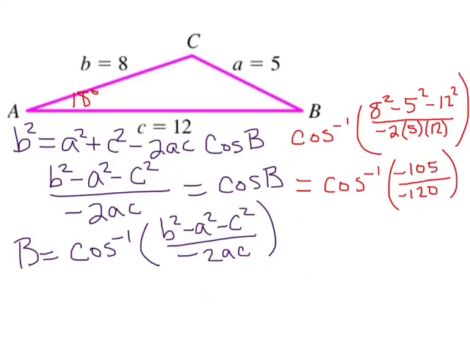Now I compute that on my calculator once more. Again, you hit second cosine. And since both of these right here are negative, you just type in positive 105 divided by 120, and you'll get your answer. So in this case, the angle here for B equals 29 degrees. So let's fill that in, 29 degrees.